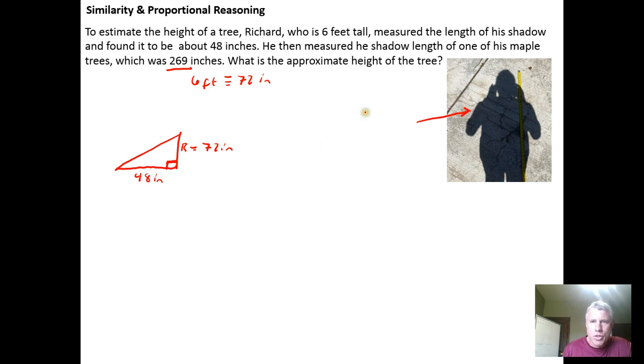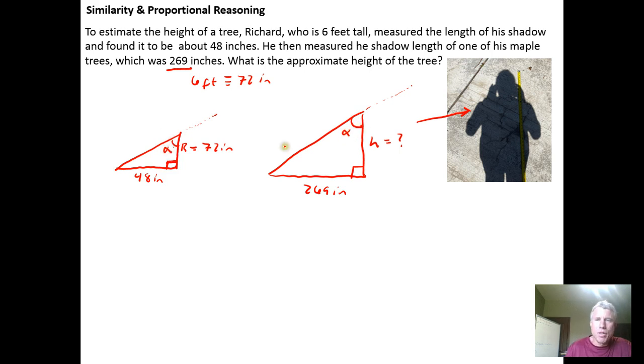And if I have a tree in my yard that has some height that I don't know, but I can measure its shadow at 269, and I assume that the tree is roughly perpendicular to the ground, I actually wind up with two similar triangles because the sun is so far away and I am so close to the tree. The angle at which the sun rays are hitting the top of the tree and the angle at which the sun rays are hitting the top of my head are going to be the same.